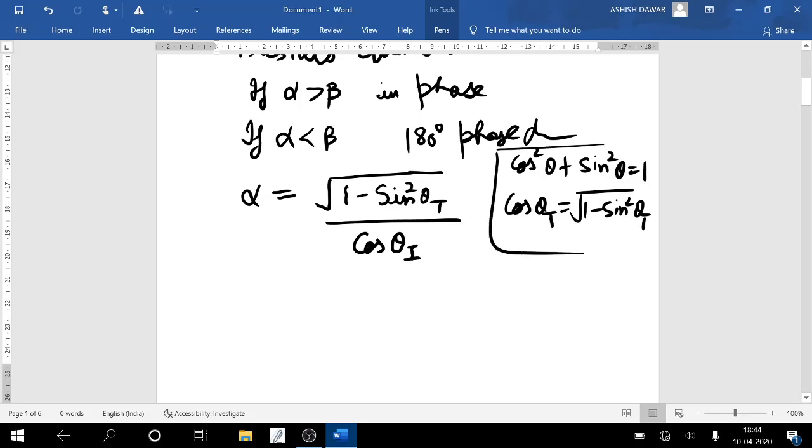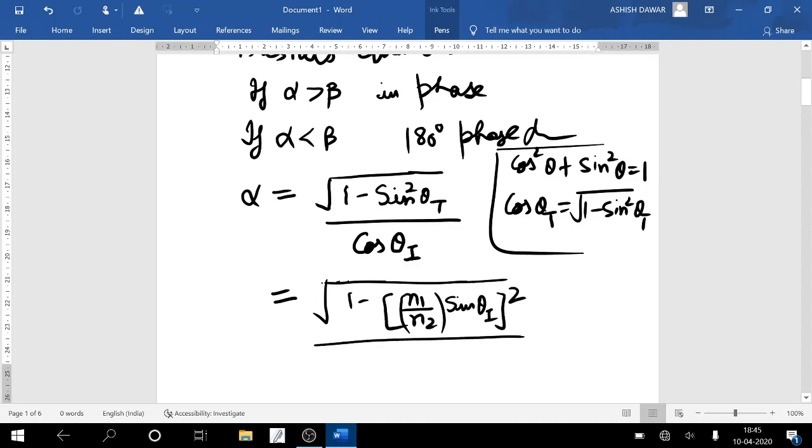And we know that sine theta t is equal to n1 upon n2 into sine theta i, so it becomes square root of 1 minus (n1 upon n2 sine theta i) whole square upon cos theta i.